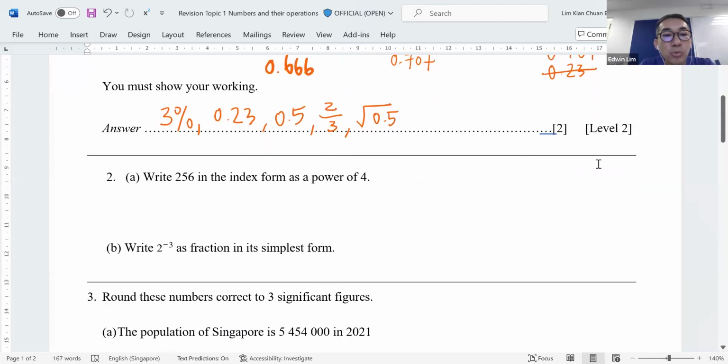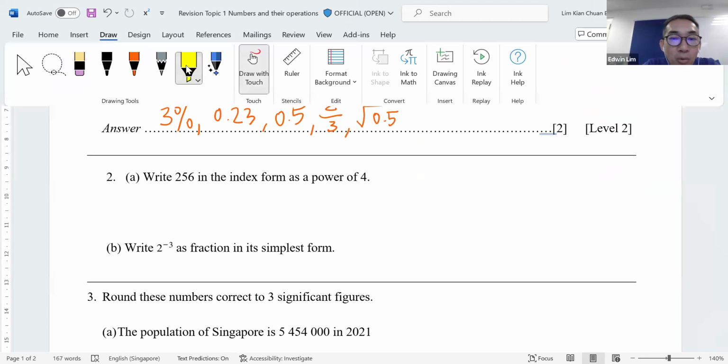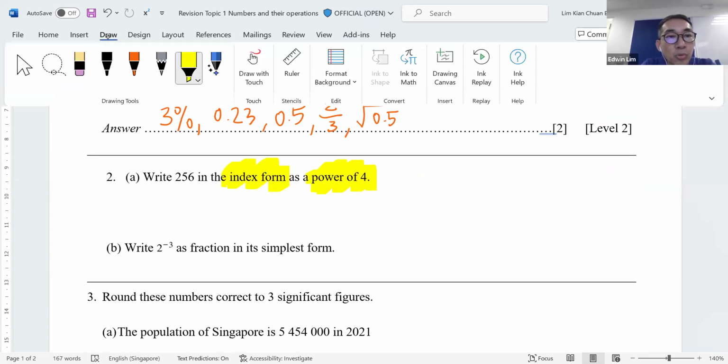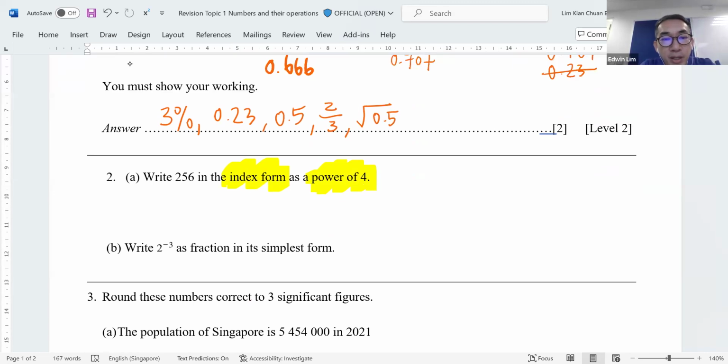2a. Write 256 in index form as a power of 4. So power of 4. Right, index form. So how do we do this? What is it asking about? Right, they are actually asking you 4 times how many times do we get 256?